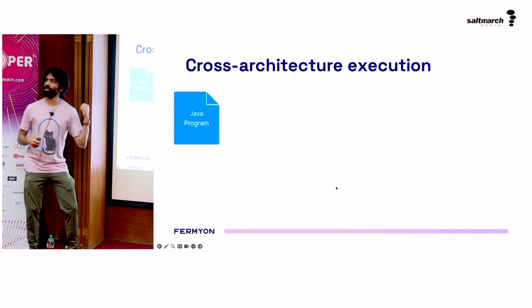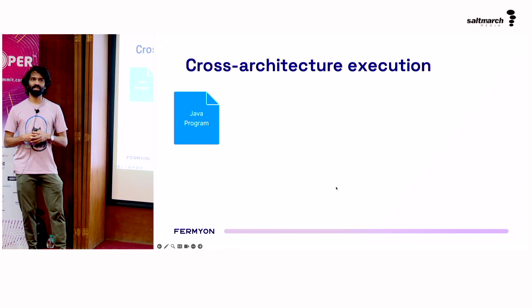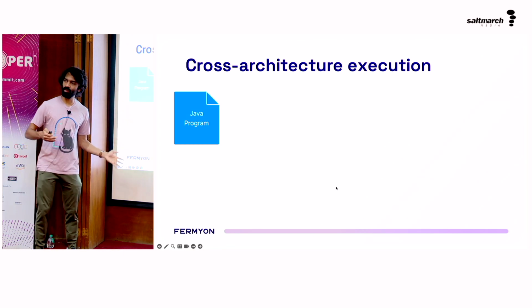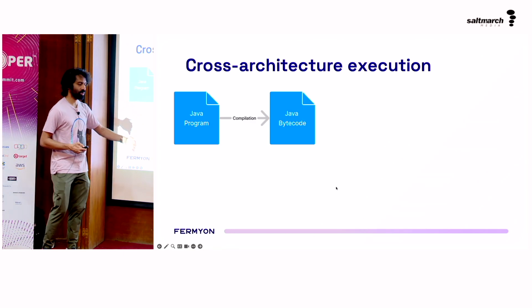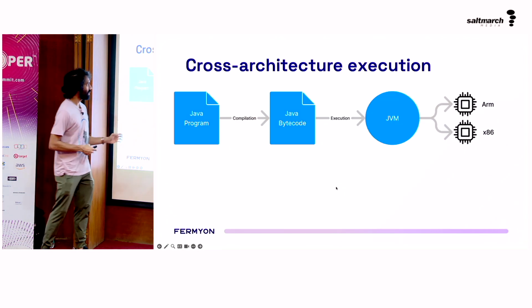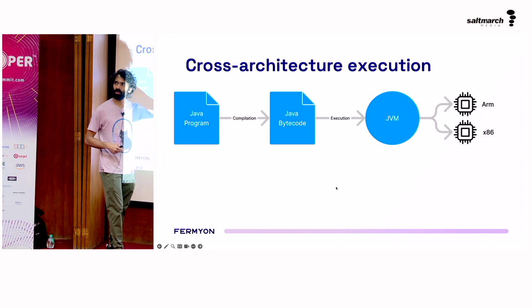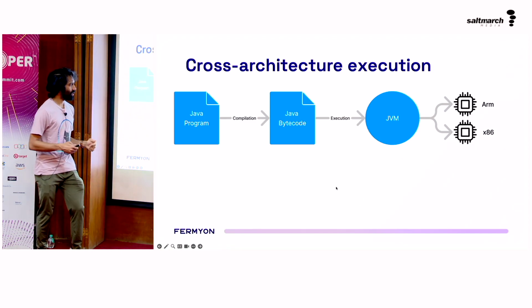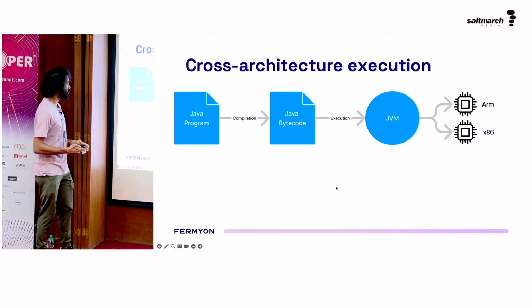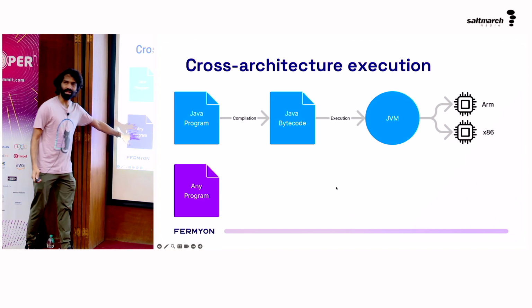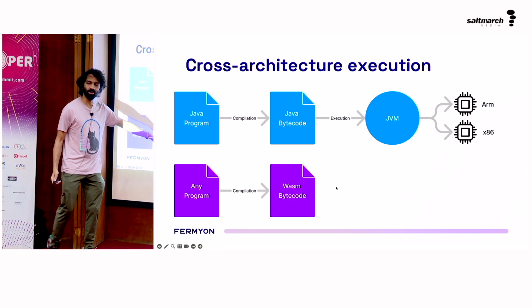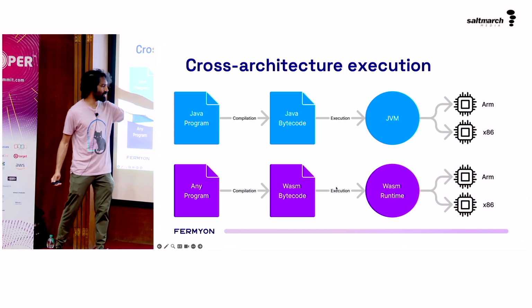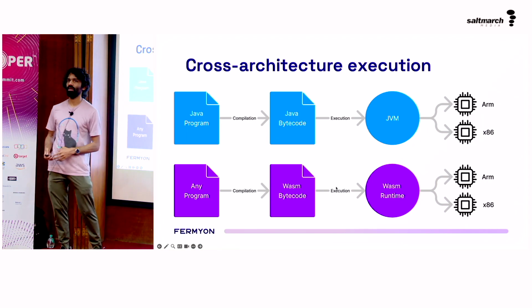I told you I will show you an example and compare it with how Java works, right? So for those of you who are familiar with Java, you write a Java program, you compile it to Java bytecode, that executes in a JVM, which can run anywhere. So ARM, x86, whatever. WebAssembly has taken that a step forward where you can write code in any language, which compiles to WebAssembly bytecode, which runs on a WASM runtime, which can run anywhere.